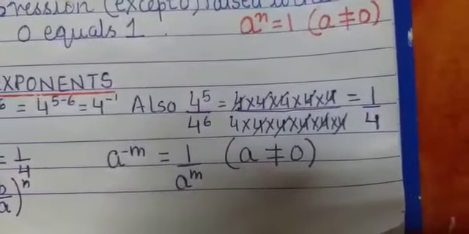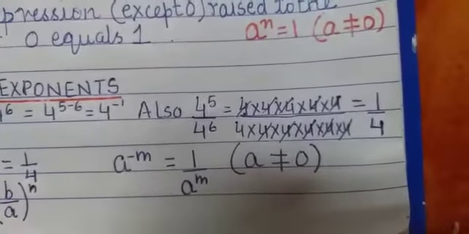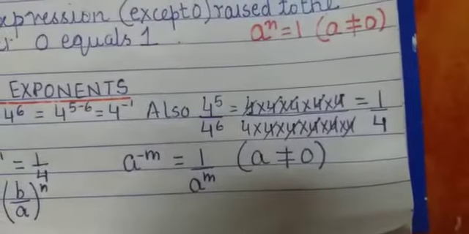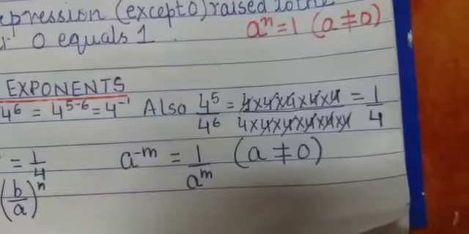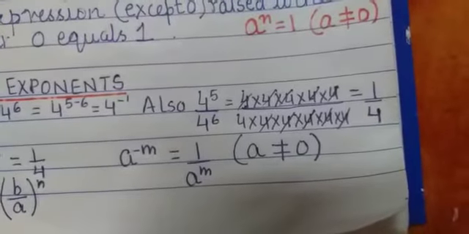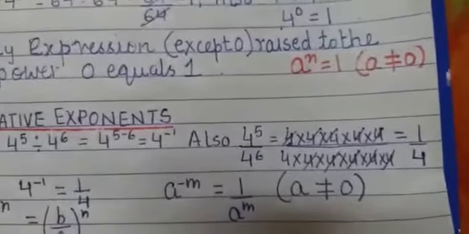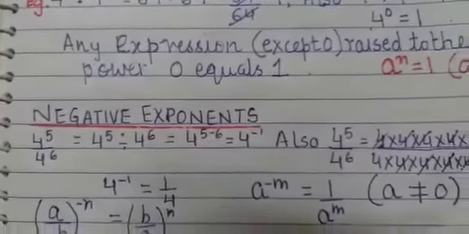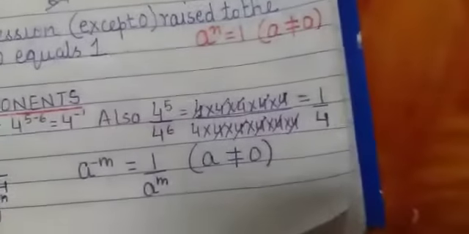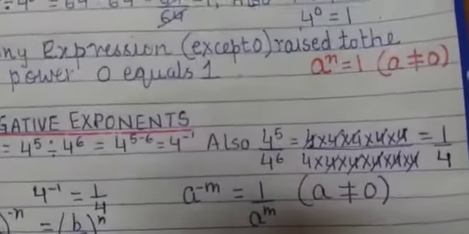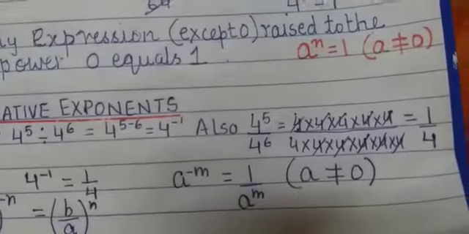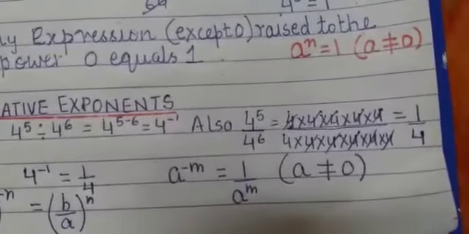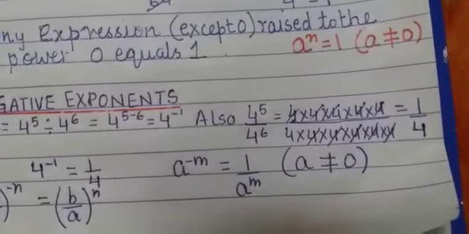Here also if you see, what do we observe? Both ways, the two answers must have the same value, because the first part and second part are the same. So it is coming to 4 to the power minus 1, and here it is coming 1 by 4. So what does 4 to the power minus 1 mean? It is equal to 1 upon 4. Right, class?